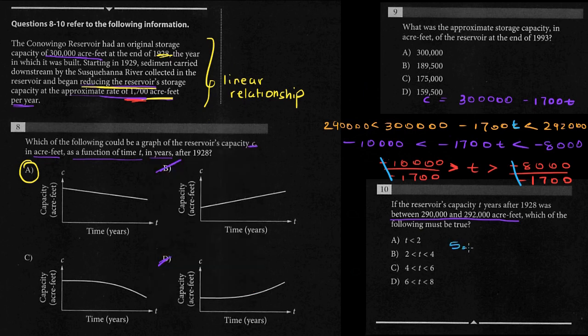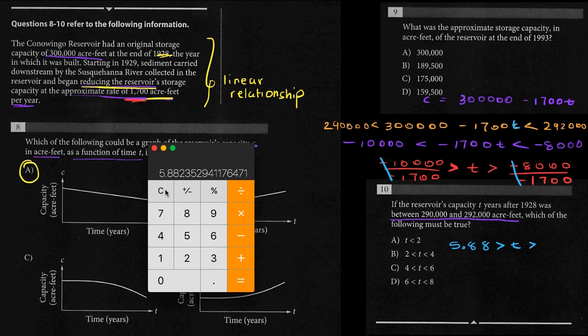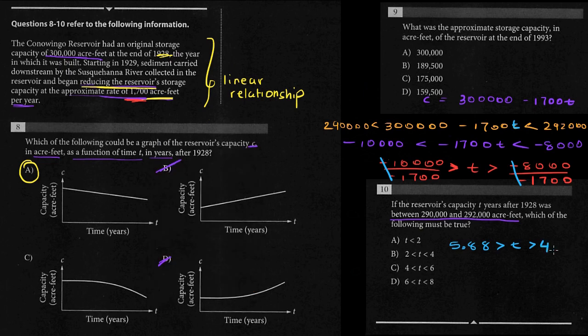Okay, so our upper bound is 5.88. And our lower bound is going to be 8,000 divided by 1,700, that's going to be 4.7.